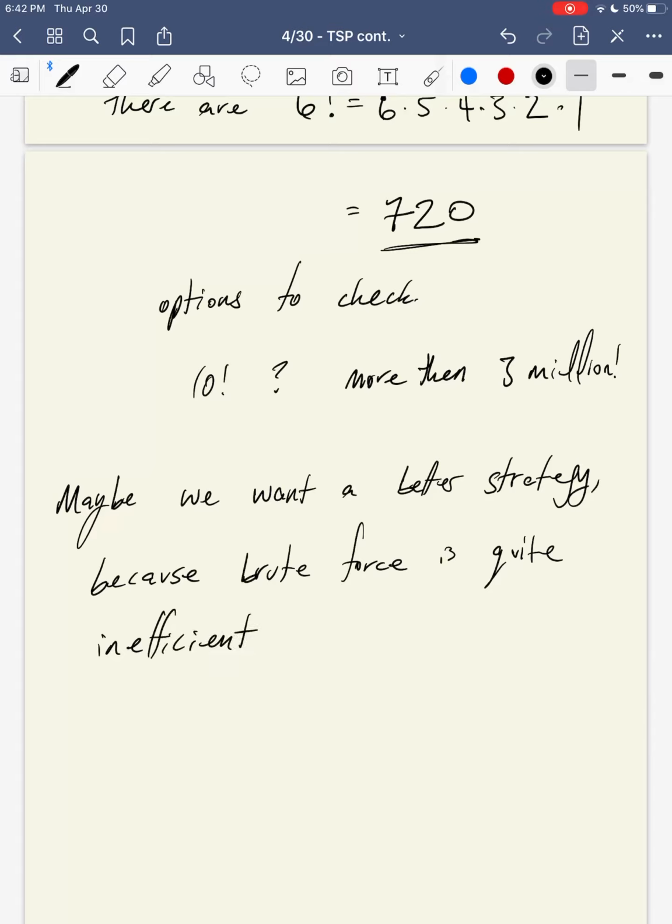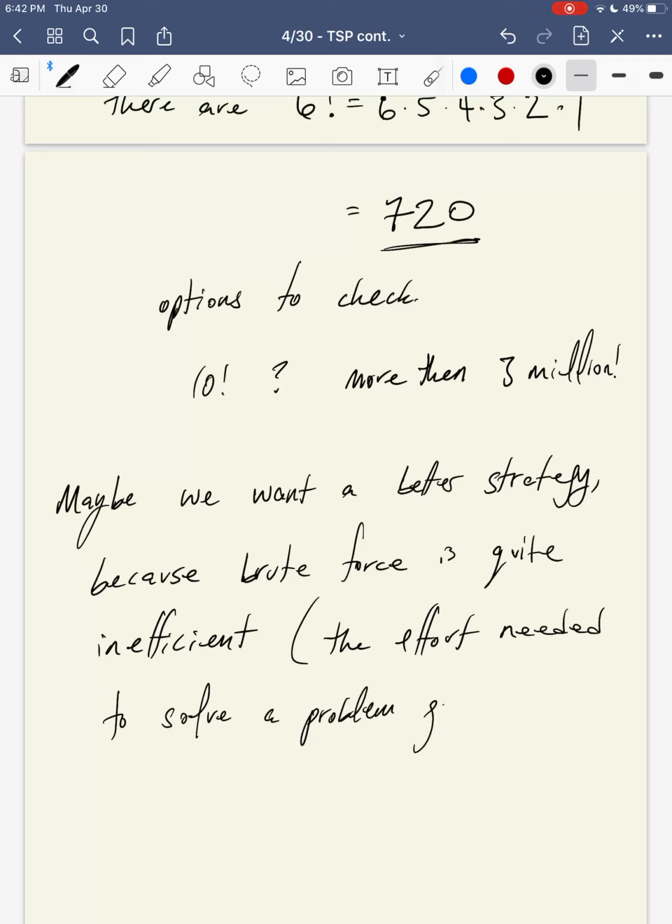And what I mean when I say inefficient is that the effort needed to solve the problem grows disproportionately to the size of the problem.